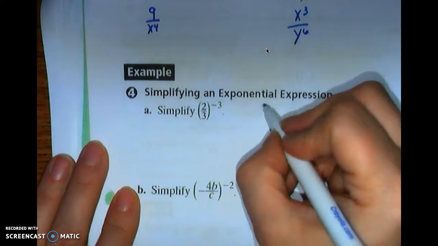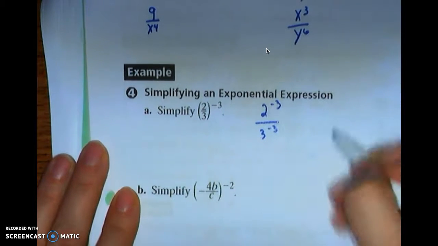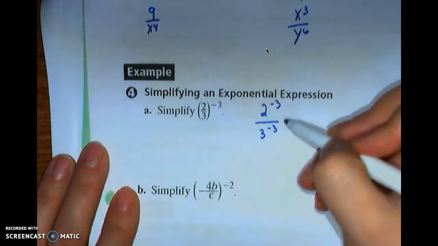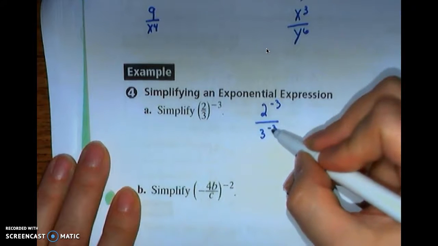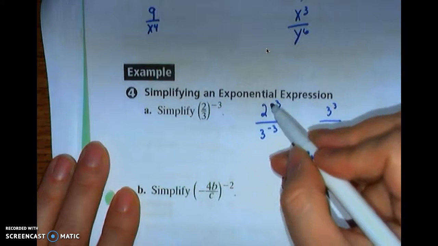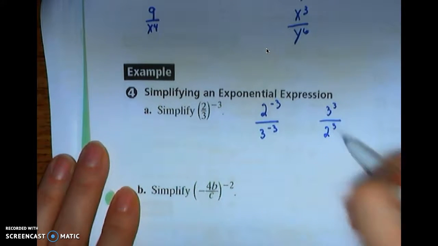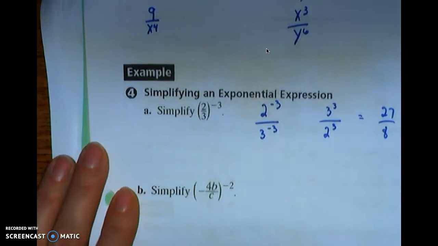That gives us 2 to the negative 3rd over 3 to the negative 3. Because each of these has a negative exponent, we want to get rid of that negative exponent right away. So we're going to bring the 3 to the negative 3 up and make that 3 to the 3rd, and 2 to the negative 3rd comes down to become 2 to the positive 3rd. We can then simplify that out, and we've got 27/8.